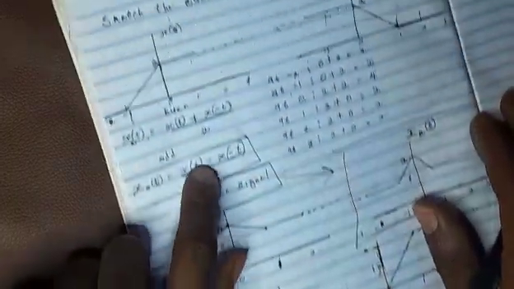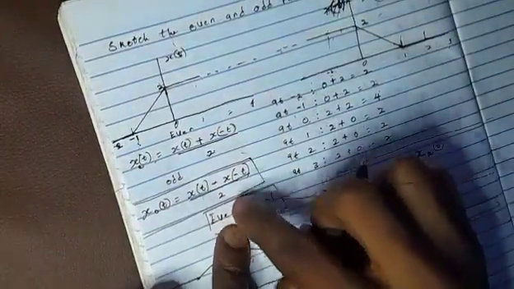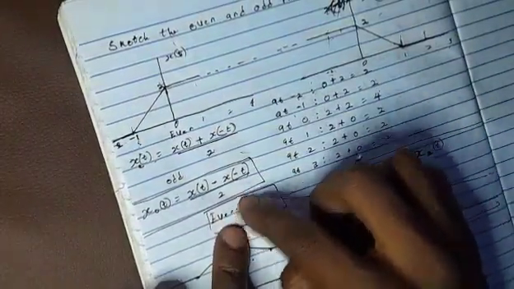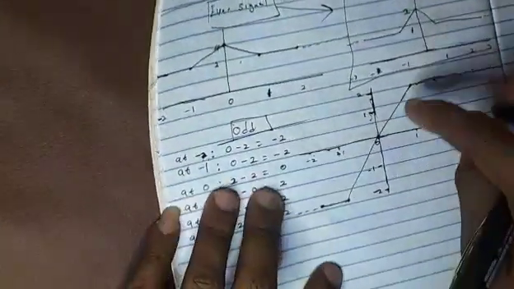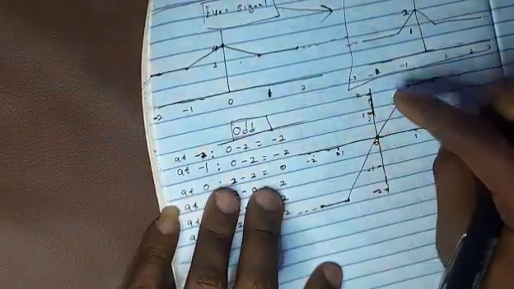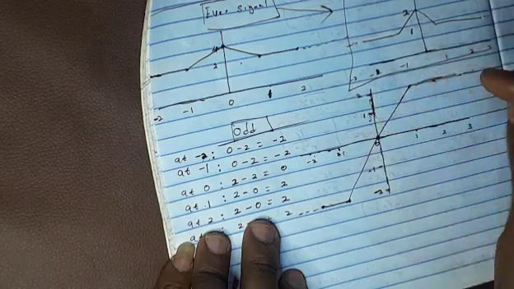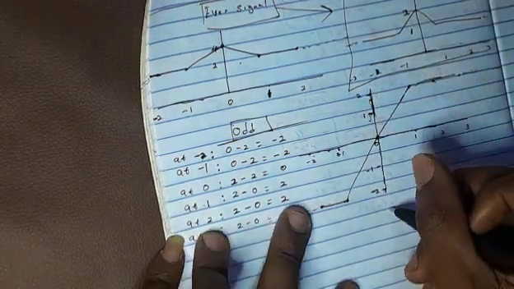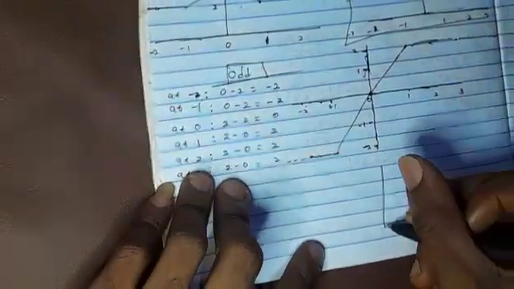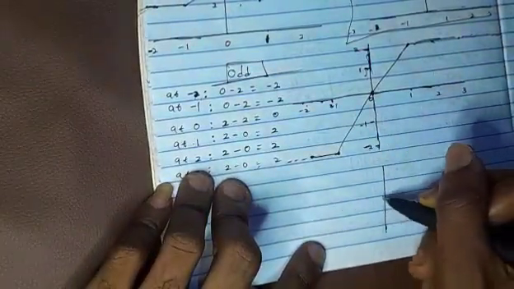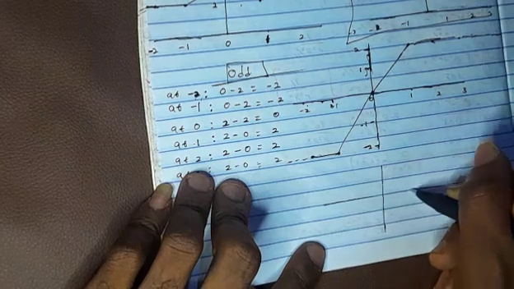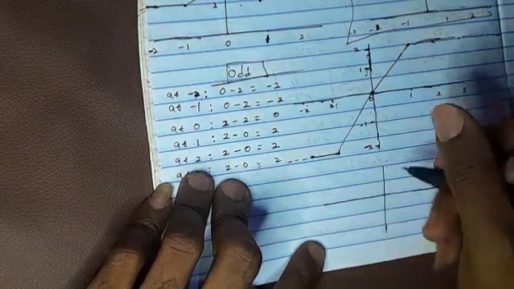Remember, we still have to divide by 2. So don't forget to divide by 2. So what you have to do is what? Divide the amplitude by 2. So the final signal will look something like this.